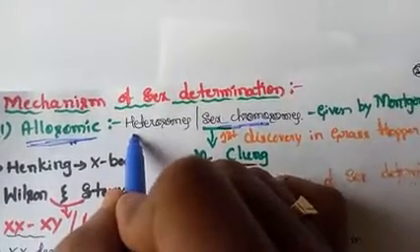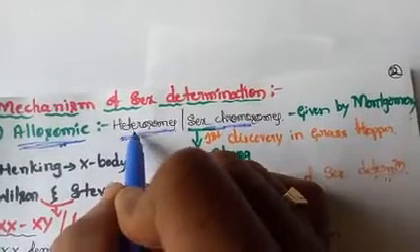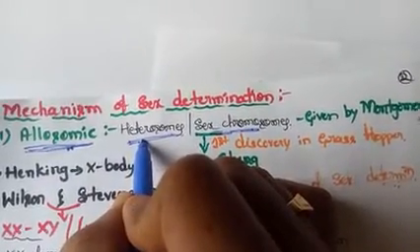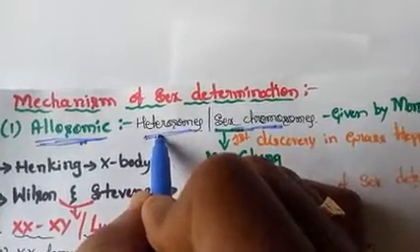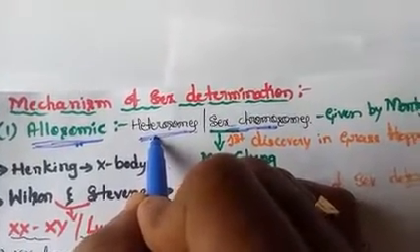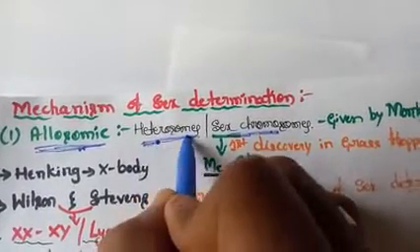It has either X or Y, or Z or W. Hence they are called heterosomes. Hetero means different, so X and Y are different, and Z and W are also different. In general they are called heterosomes.